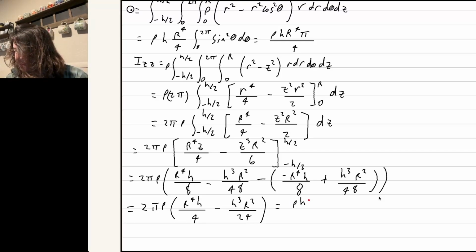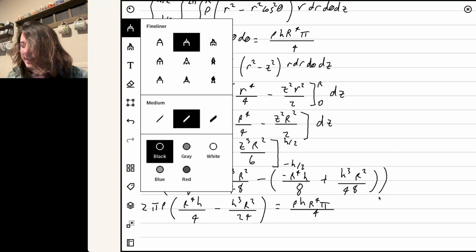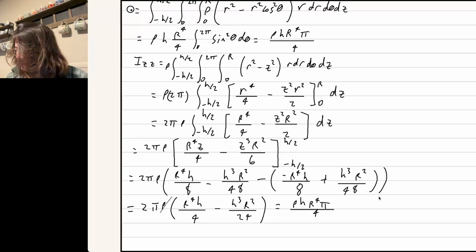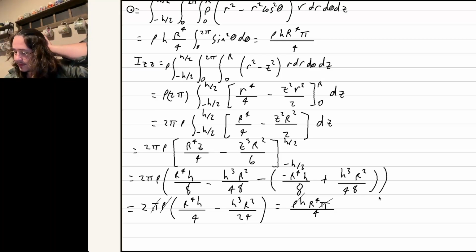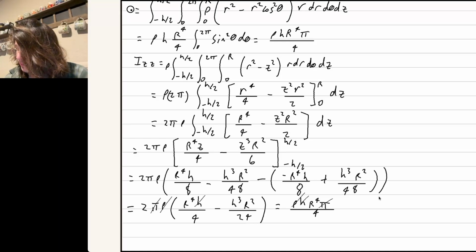So rho h r fourth pi over 4. Isn't it nice that we can cancel out the mass density function? We'll even also go ahead and cancel out the pi. Let's divide both sides by h, just h. And even divide everything by r to the 4th.